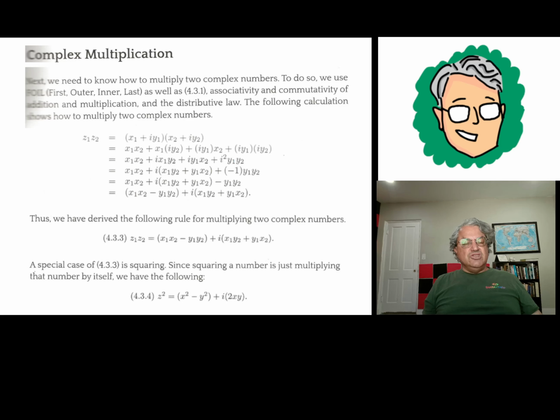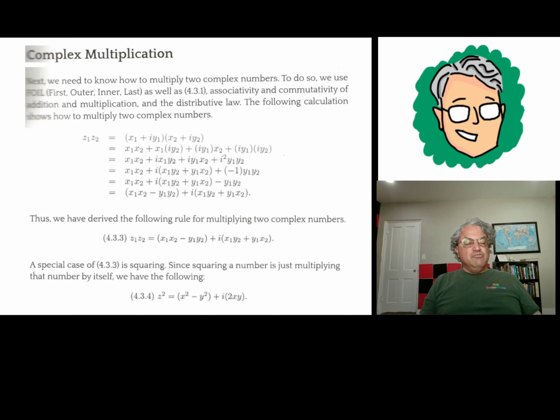Well, it turns out that if you have these two vectors z1 and z2, we don't have to think about the real and imaginary components for now. It's enough to just think of these as vectors, which are sort of like arrows pointing from the origin. Well, then their product is going to be the unique vector whose angle, or argument if you like, that's the counterclockwise angle that the vector makes with the x-axis, is going to be equal to the sum of the arguments of z1 and z2.